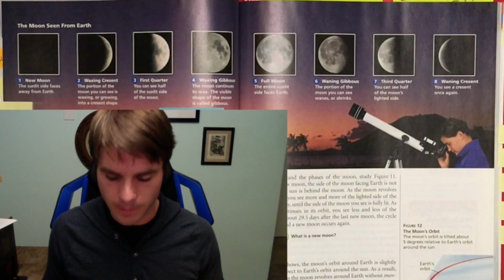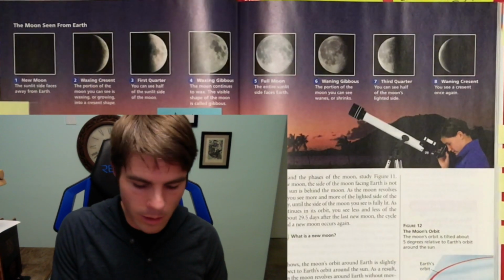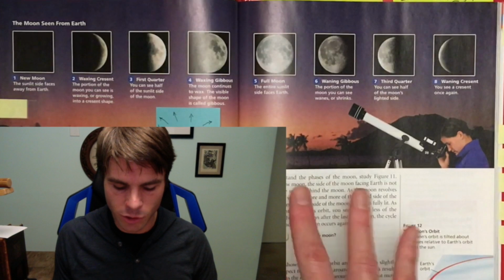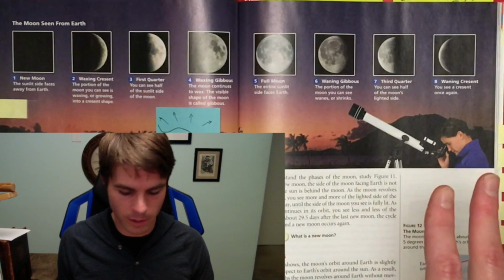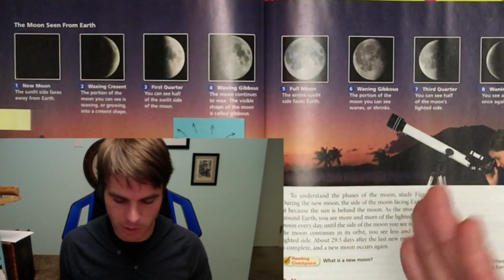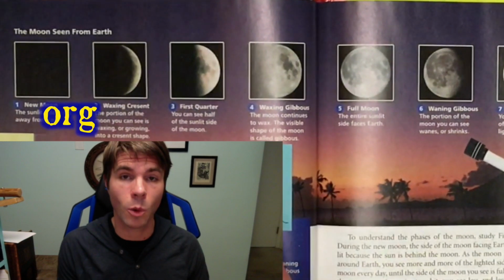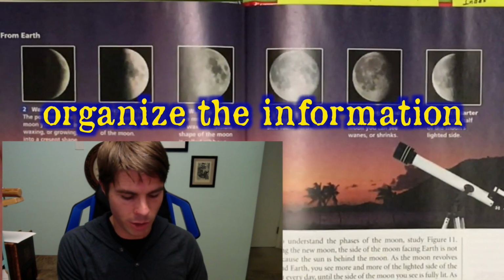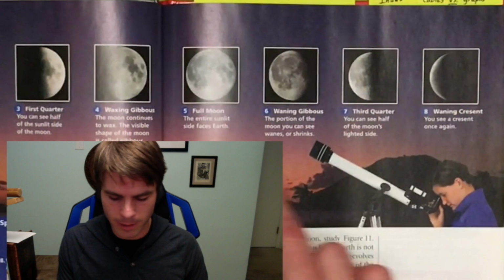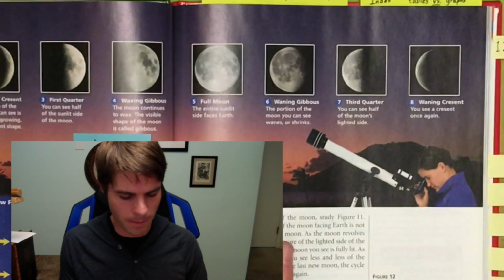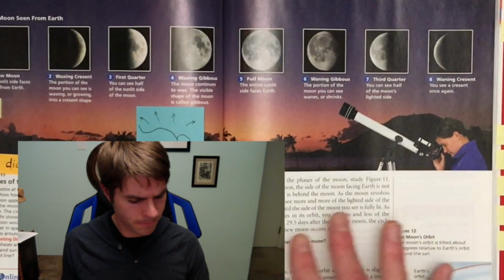Now, yes, I love this illustration because it doesn't just show us something in pictures the way it would look to us, but it also starts to organize the information almost like a table or a chart, a diagram from left to right.